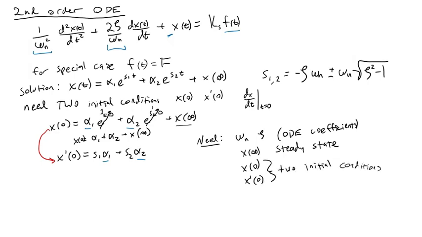So we will be using these in class, but again, once you analyze a circuit and get an equation in this form in this class, we can assume, as long as you have that special case of the constant forcing function f, that this is the form of the solution.